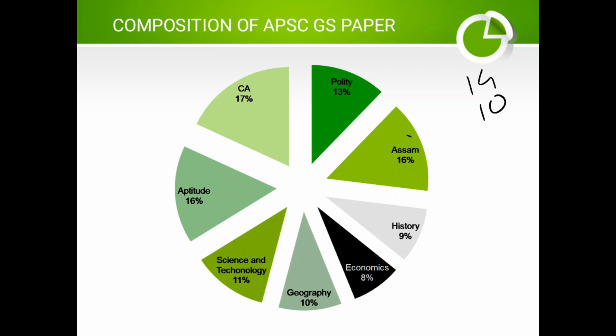If we go through this in a very systematic way, we can at least get 13 questions out of the 16 questions from Assam. These 16 questions can extend up to 18, so we have to get 16 correct. This is possible in Assam if we follow the correct methodology and know what to study, since the syllabus is limited.